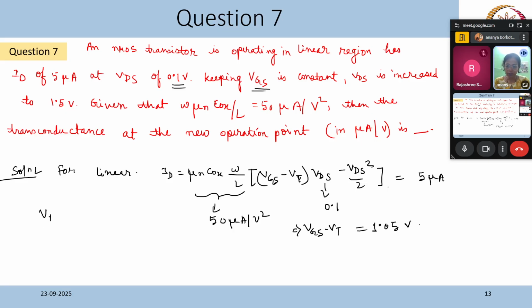Now VDS new is 1.5 volt. So this is actually greater than VGS minus VT, right? So this will be in saturation. At the new operating point, my device will be in saturation.